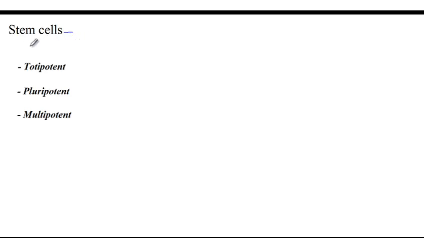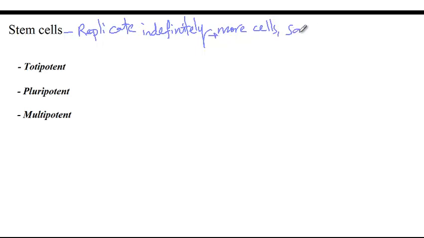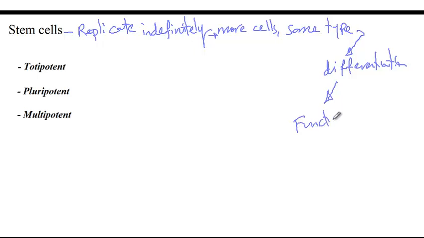These stem cells, just like the cancer cells, can replicate indefinitely to produce more cells of the same type. And then some of these cells can undergo differentiation to give rise to different functional cells.